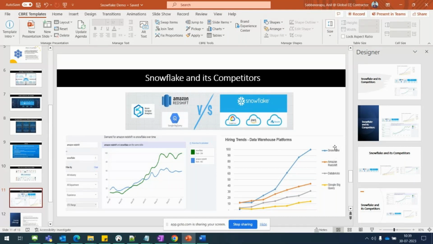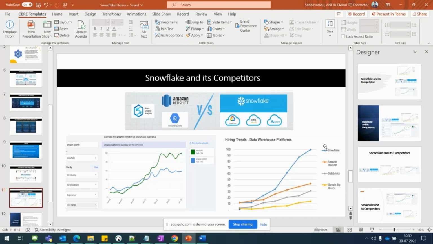Okay, and these are also other cloud data warehouse providers. But Snowflake is standing out with respect to the other cloud providers because it has its own advantages, and the pricing model is also much cheaper.